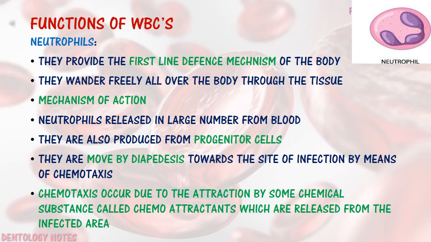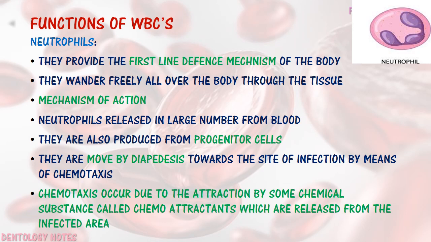Functions of WBCs. Neutrophils provide the first-line defense mechanism of the body. They wander freely all over the body through the tissue. Mechanism of action: they are released in large number from blood. They are also produced from progenitor cells. They move by diapedesis towards the site of infection by means of chemotaxis.